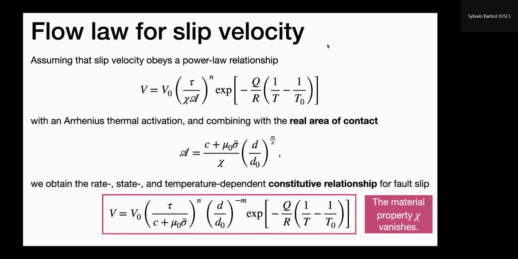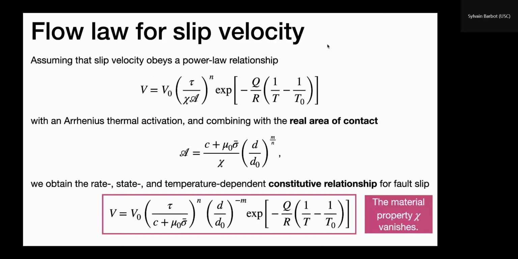And that actually explains the first data set that I showed. It explains the Byerlee friction law, actually, because if you notice, the material hardness vanishes from this expression. It is gone.